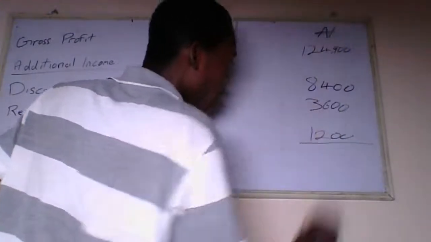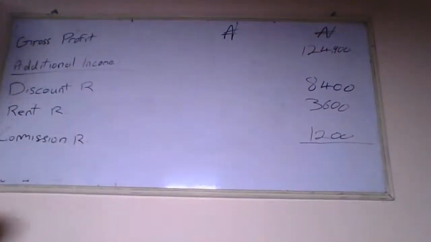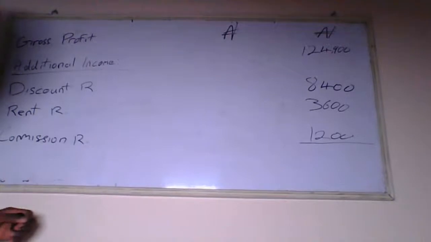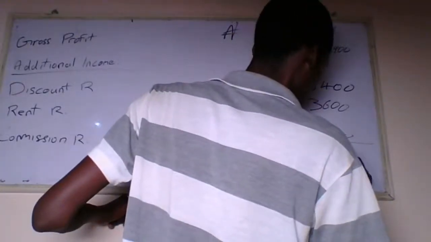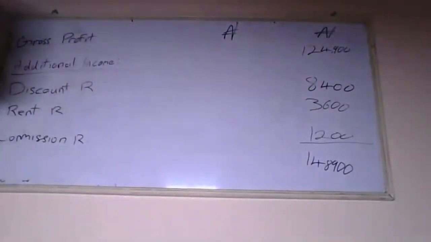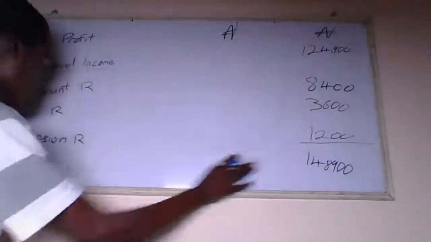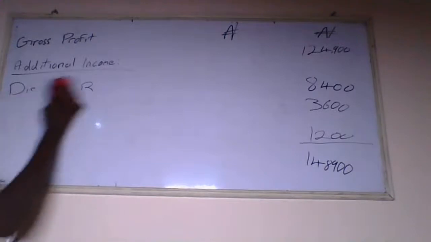So you're going to add up all these figures. Since this is profit and these are other incomes, you're going to total the figures, which will give us a total of. So you're just going to leave this one as it is, just leave it blank here. And we move on to our expenses.